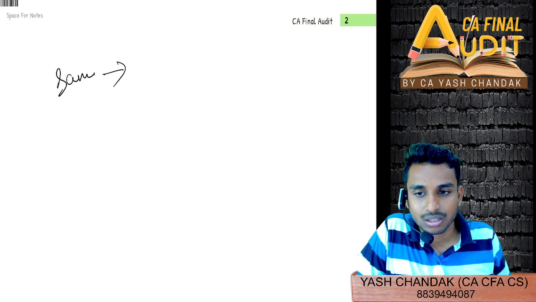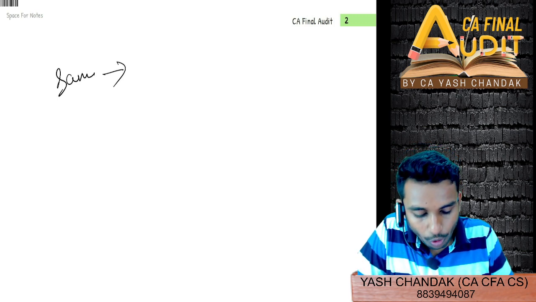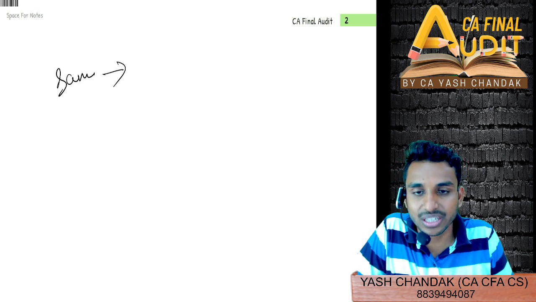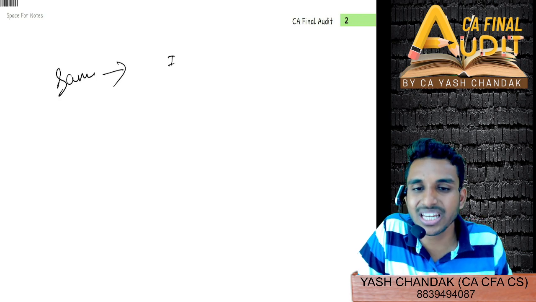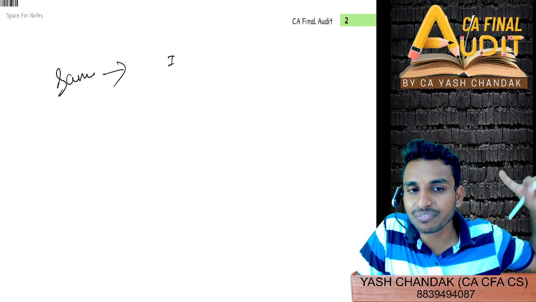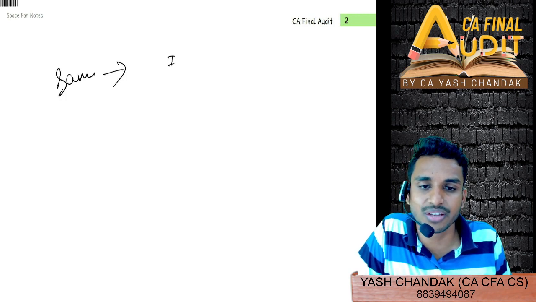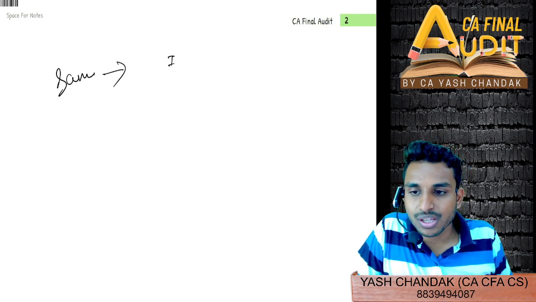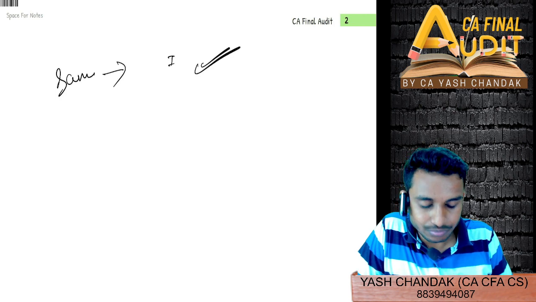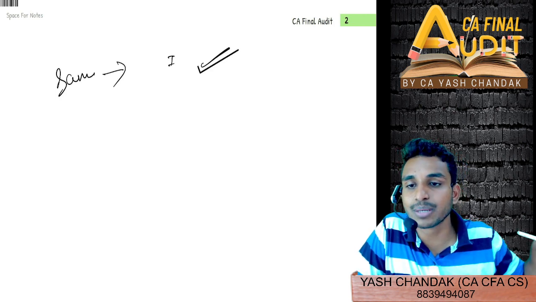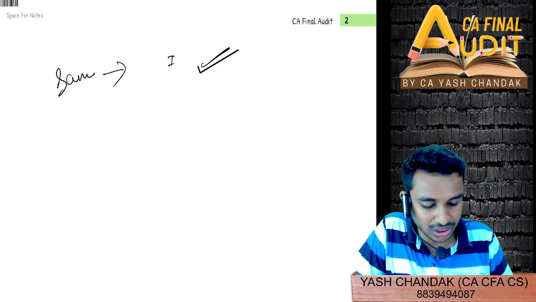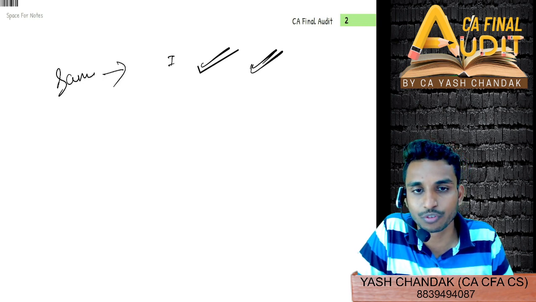I also don't have it. I told you, you have to give me certain details: registration number, name, date of birth, and everything. I have mentioned it in the group. Some of you might not be able to see the message. Yesterday, one girl messaged me. Then I'll encrypt the book and share it with you accordingly. So share it with me by today. I'll share the soft copy of the book.